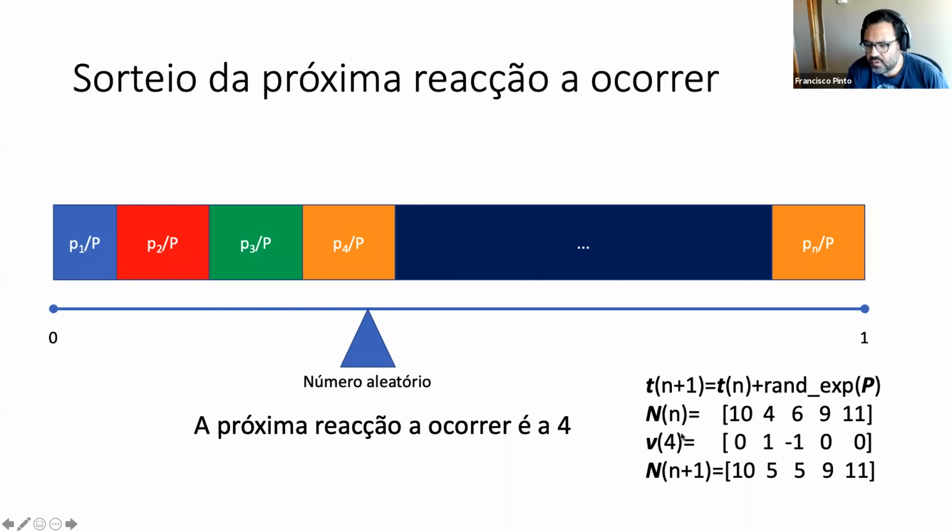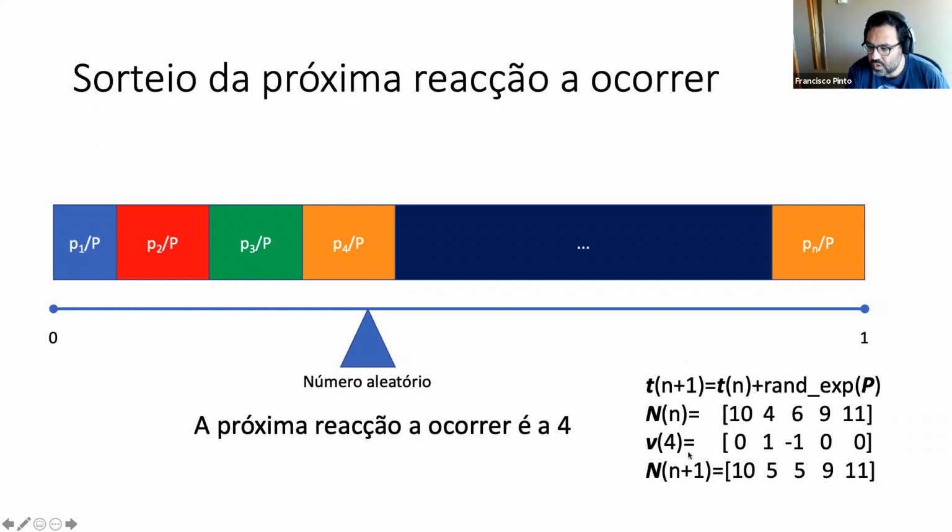And so you pick up the stoichiometric vector for the fourth process. This process is one that is going to degrade one molecule of the third variable and produce one molecule of the second variable. And so the new state after reaction 4 occurs: the first element is not changed, the second element is going to increase by 1 unit, the third element is going to decrease by 1 unit, and all the other elements are going to be constant also.